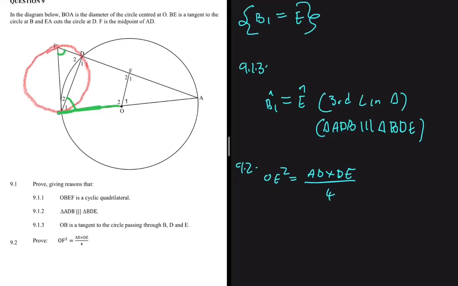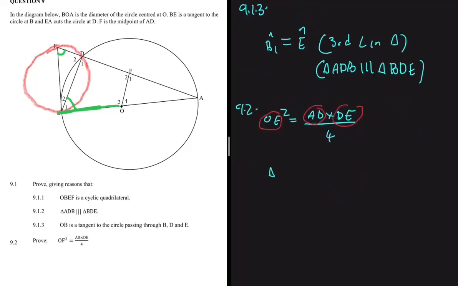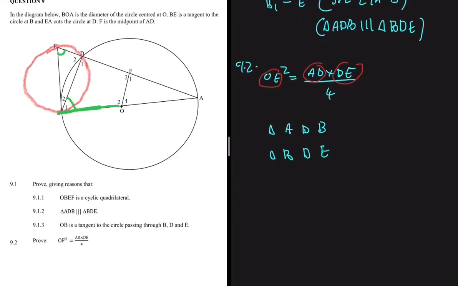So let's look at the sides we're interested in here. We're interested in AD, DE, and OF, right? We have triangle ADB, and here we have triangle BDE. And which sides are we looking for? We're looking for AD and DE.